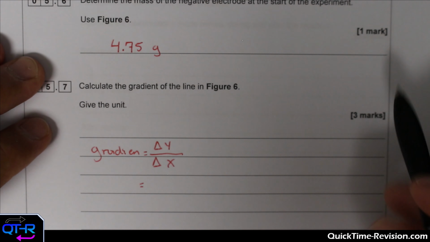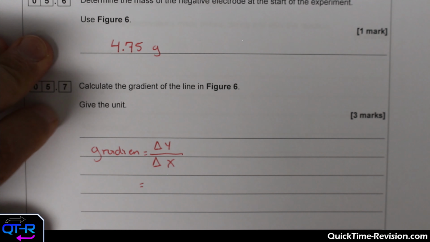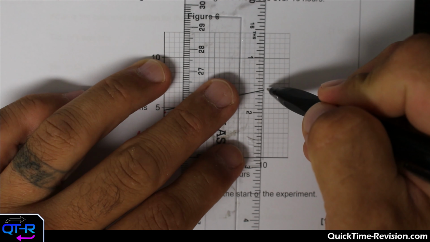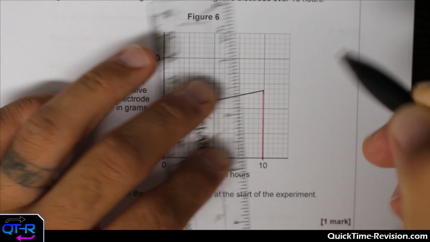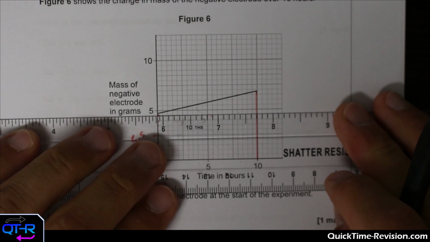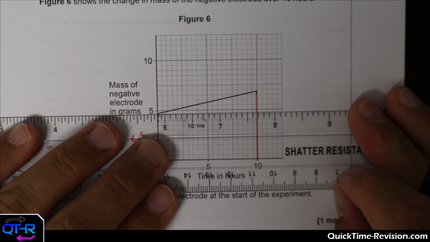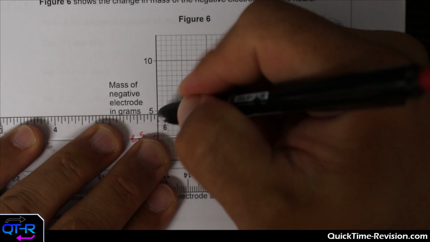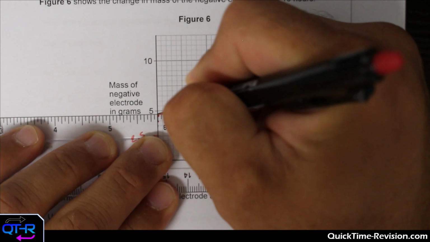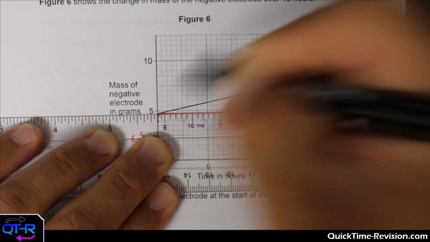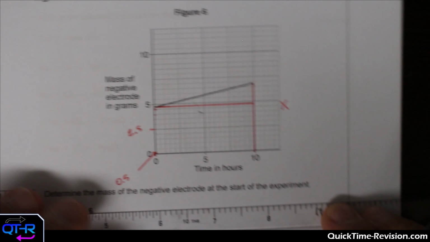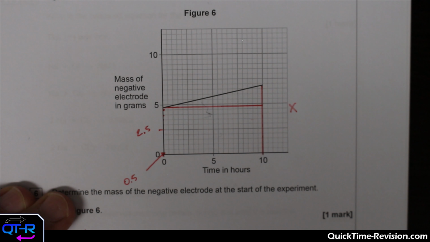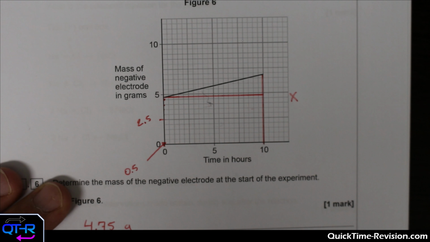So if we look at over here, we're gonna bring this down, and then from here we're gonna make that triangle. The change in x, because this is your x-axis, is going to be from 0 to 10, so that's going to be 10. At the bottom here, change in x, we're going to write down 10.